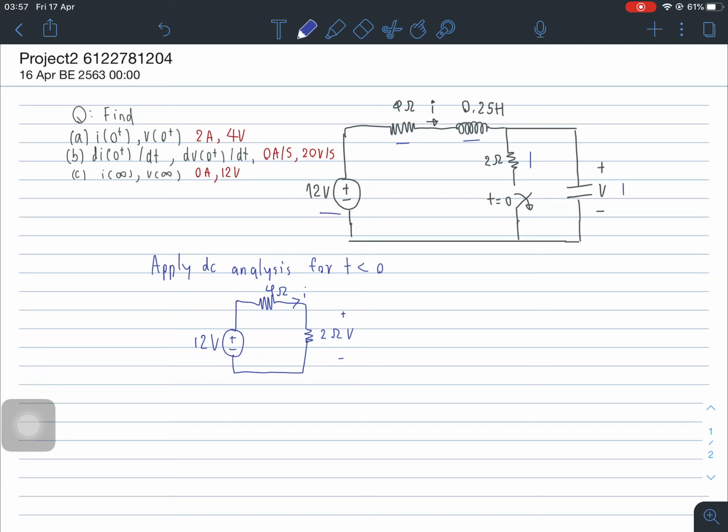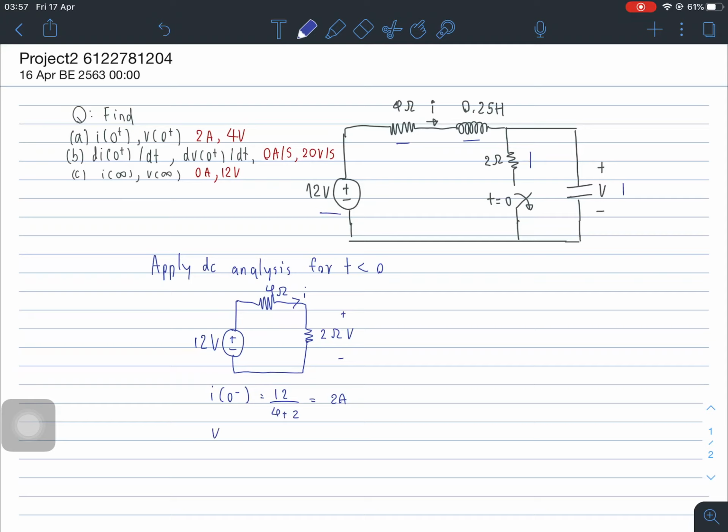So we know that i(0-) is equal to 12 divided by 4 plus 2, right? And we get 2 amps.